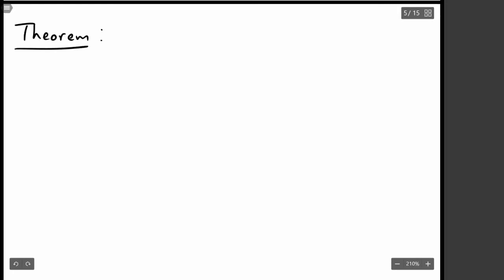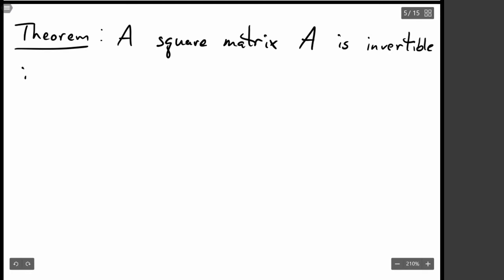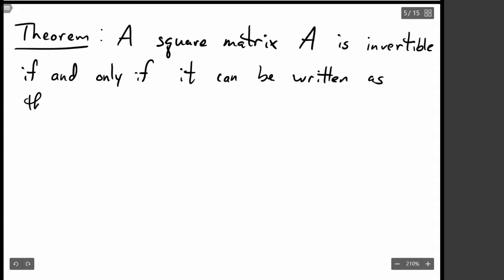All right, so we're just going to start this off with a theorem that says a square matrix A is invertible if and only if it can be written as the product of elementary matrices.